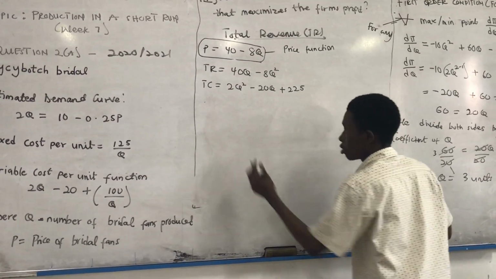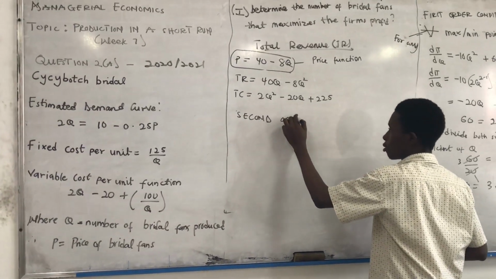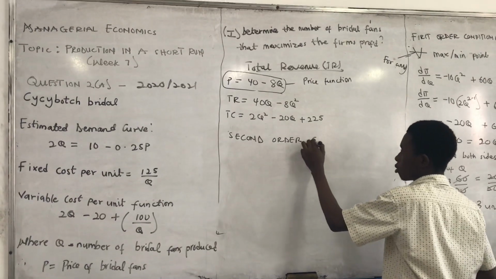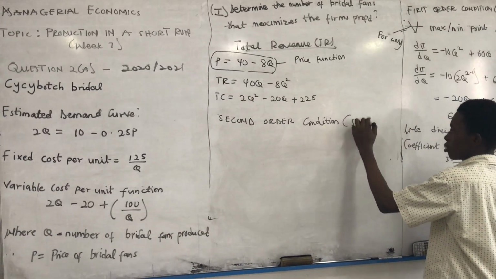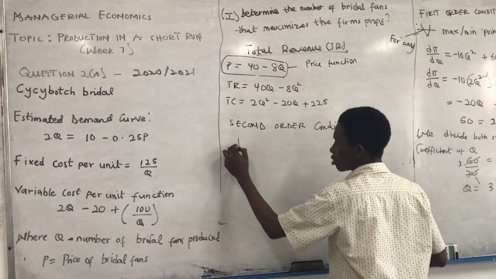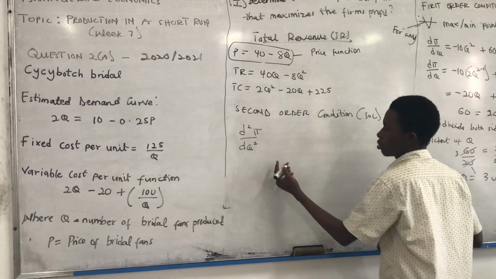So second order condition, which is SOC. With the second order condition, the second derivative of profit over Q squared.